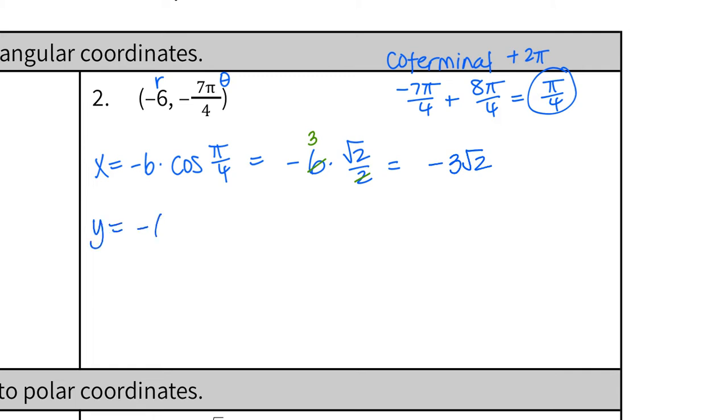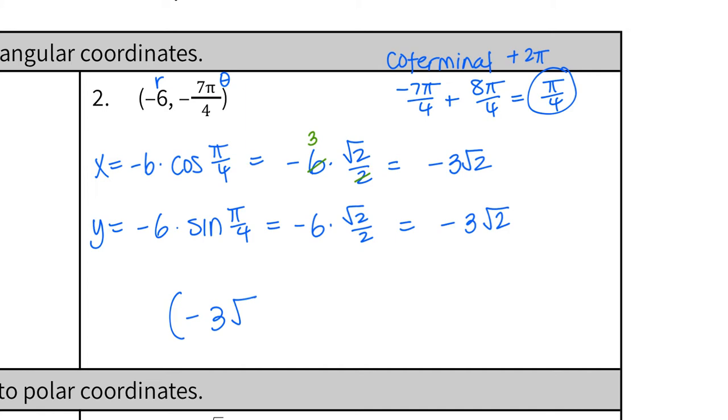Now for y, -6 times sine of pi over 4. It's also square root of 2 over 2, so since we did this already, I know that's going to be -3 square root of 2. So our rectangular coordinate is -3 square root of 2, comma, -3 square root of 2.